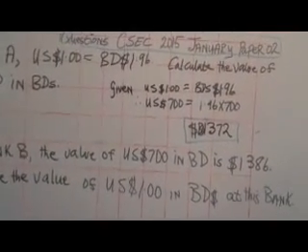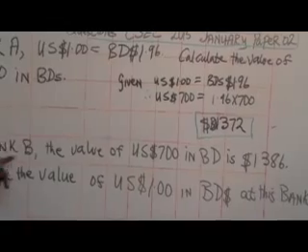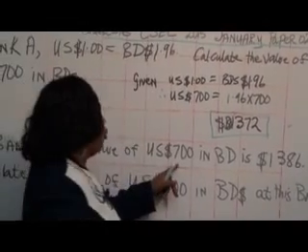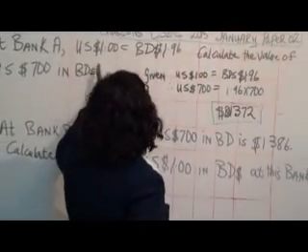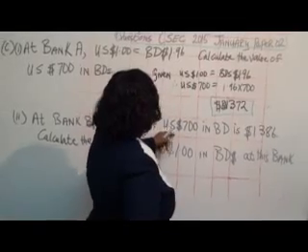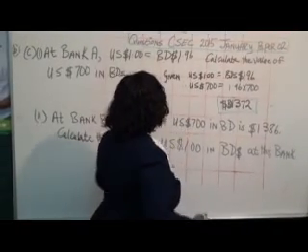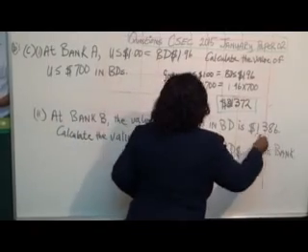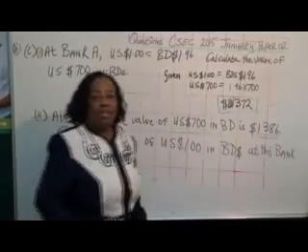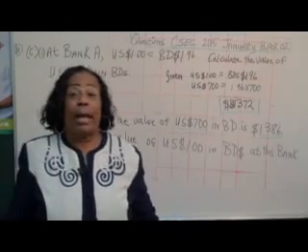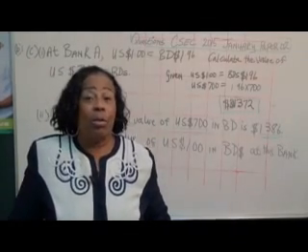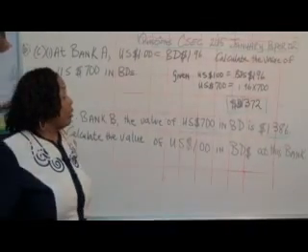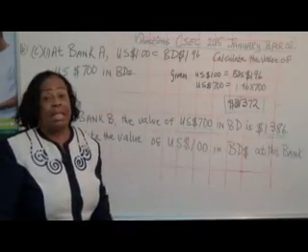And it says, at Bank B, the value of 700, and they look up here and say, but it's 700 they asked me for, and they're telling them down here the value of 700 in BDS is 1386. So you know what some students do? They go and rub out their answer, the 1372, and say, oh Lord, look, they give you the answer 1386.